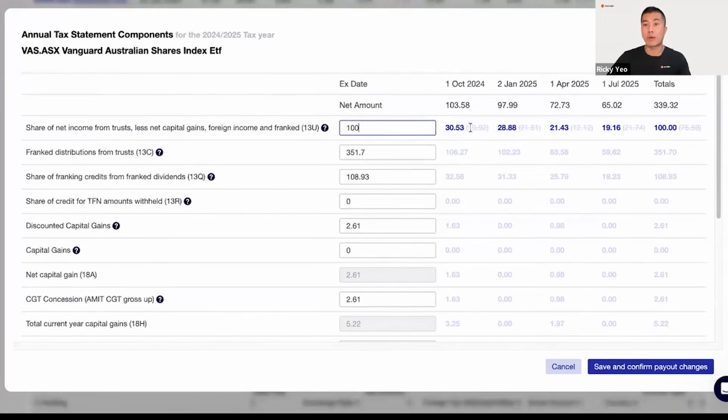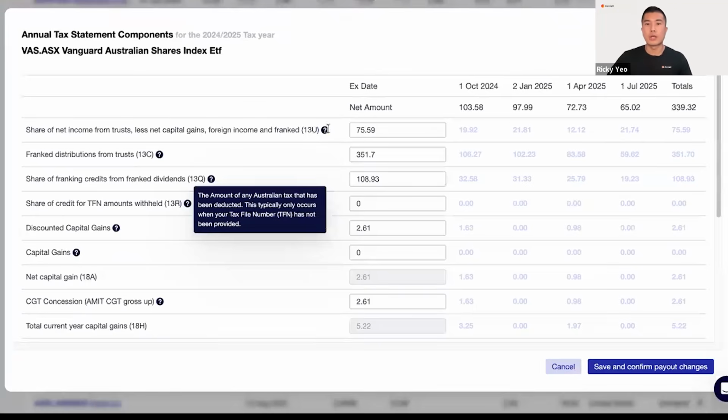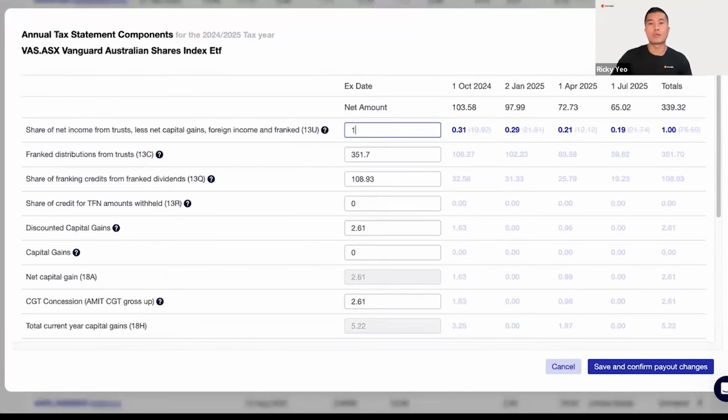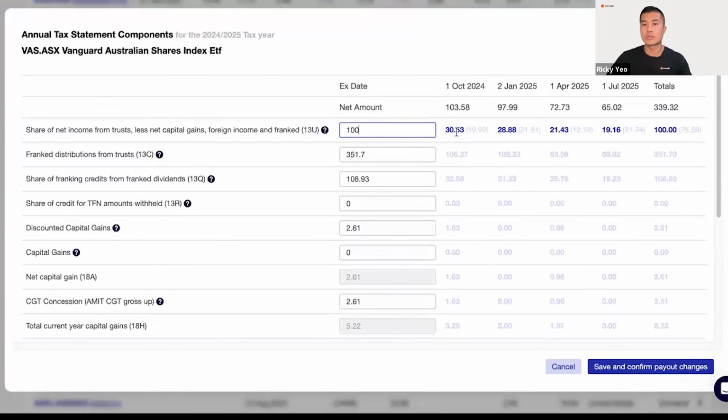How Sharesight breaks that up depends on the proportion of each individual distribution. So when you enter all those components, because of all this calculation, breaking it into 4, it gets into a lot of decimals.